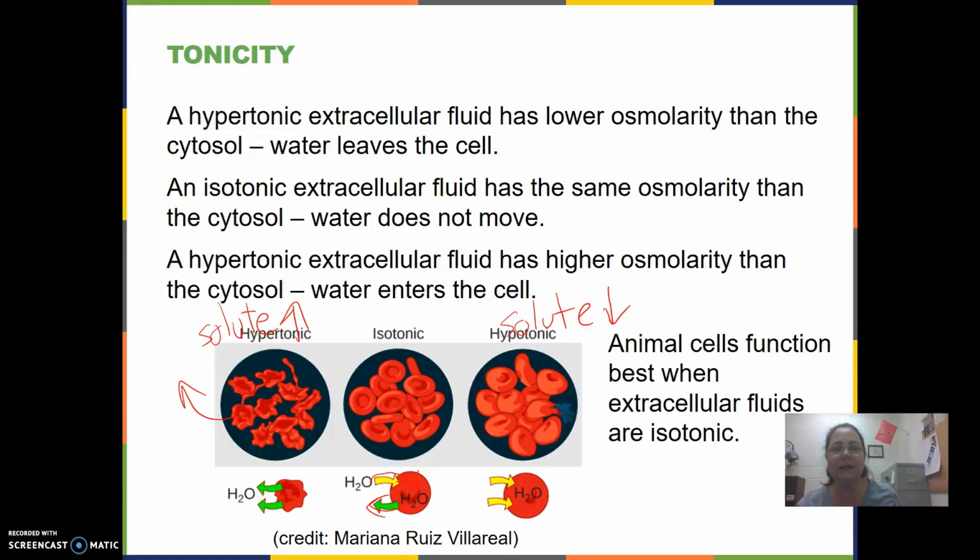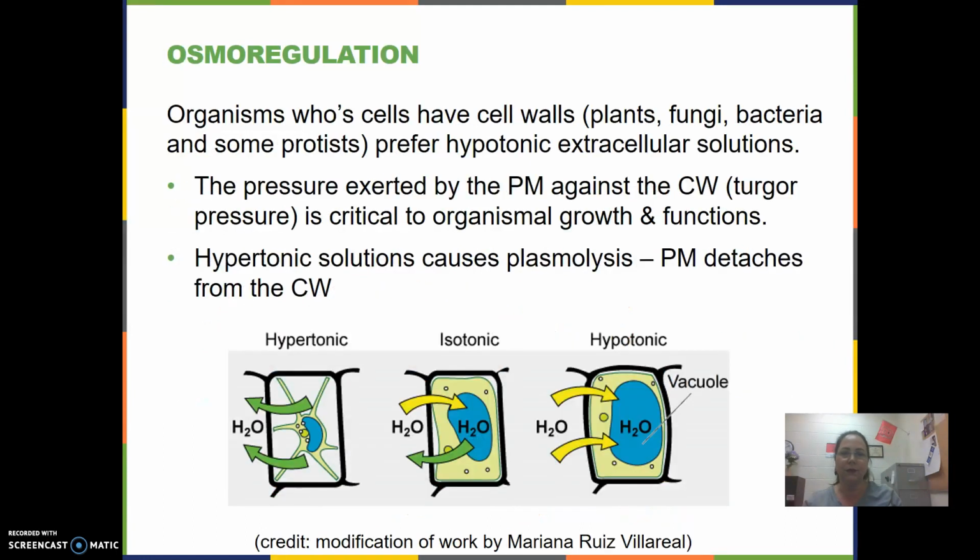So if you place these red blood cells, which have a higher solute concentration, in it, water is going to move into the cells and they're going to swell, and more than likely they are going to burst. So of course that's not healthy for the cell.